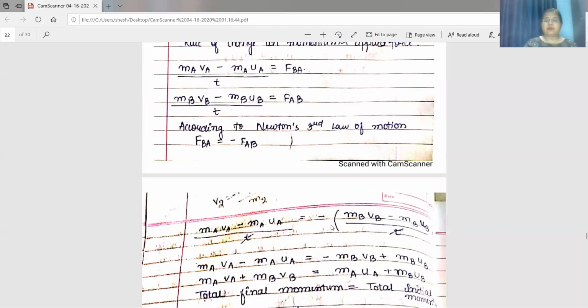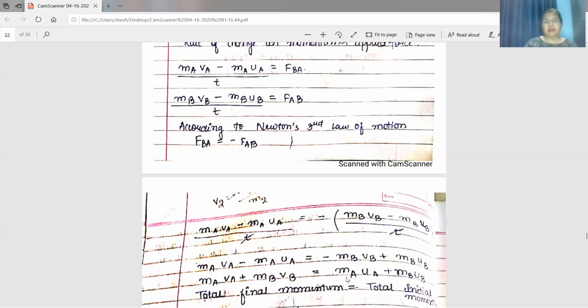Now solve the bracket. You are getting mAvA minus mAuA equals minus mBvB plus mBuB. Now take this negative, bring mAuA to this side and mBvB to this side. When they come, the negative sign will become positive.